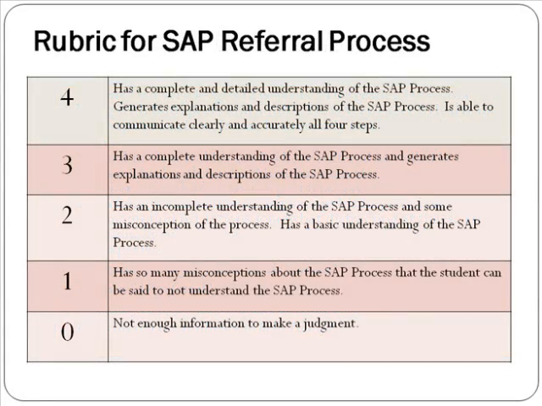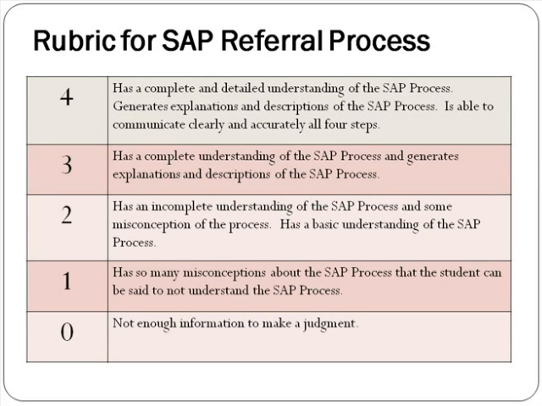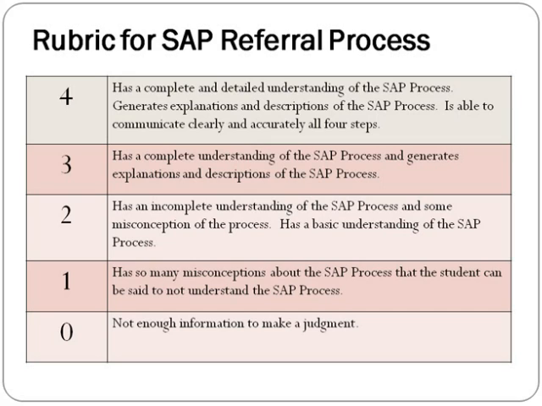The following next 3 slides are rubrics. The first one is the rubric for the SAP referral process. You obtain a 4 if you have a complete and detailed understanding of the SAP process. You generate explanation and descriptions of this process and are able to communicate clearly and accurately all 4 steps. You obtain a 3 if you have complete understanding of the SAP process and generate explanations and descriptions of this process.